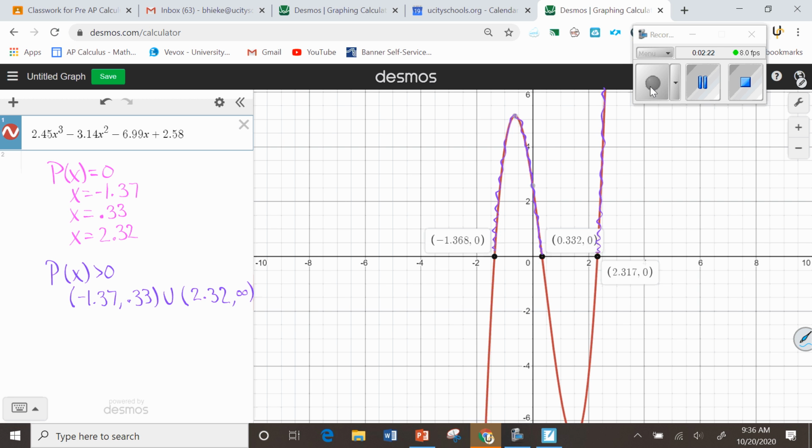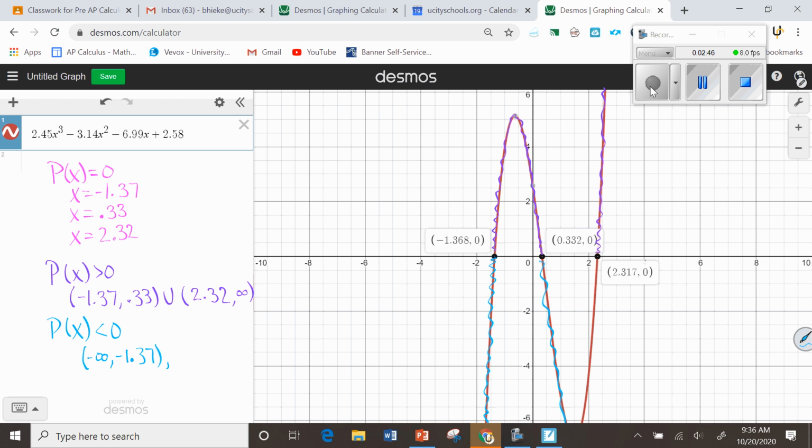So now we're going to do the next part. When is the polynomial function less than 0? Less than 0 means below the axis. So we're looking at all of this stuff prior to the first 0. So I have negative infinity to negative 1.37. And then also between the last two zeros.